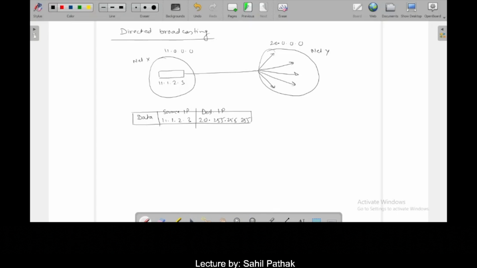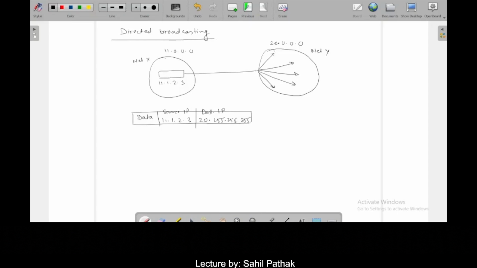Okay, so this destination IP address you can see over here is nothing but the IP address of directed broadcasting, or you can say the broadcasting IP address of network Y, if you want to broadcast in network Y. So that is the IP address of directed broadcasting.